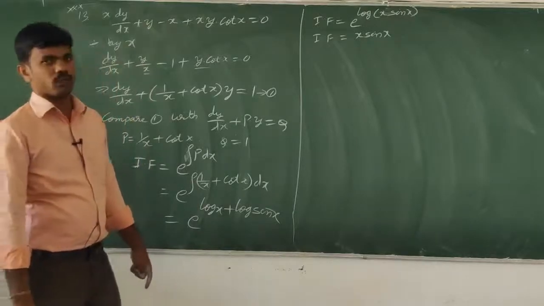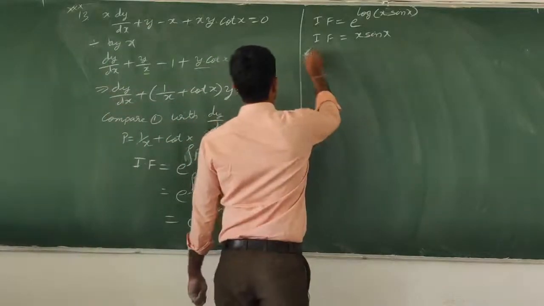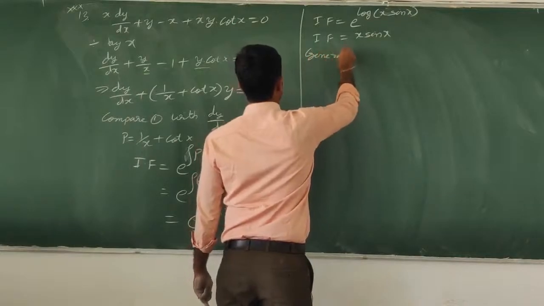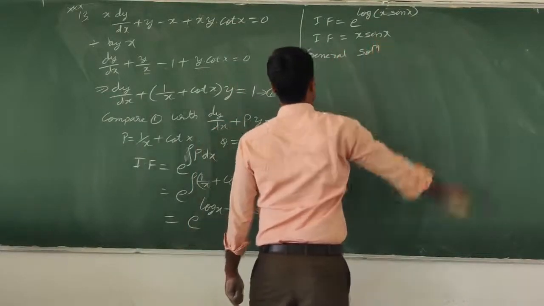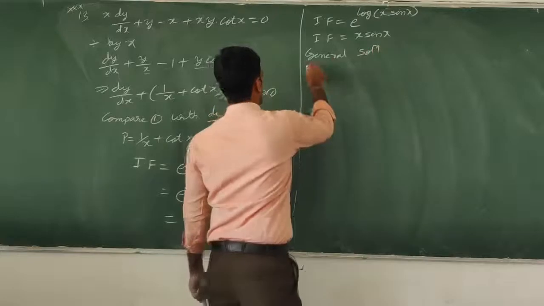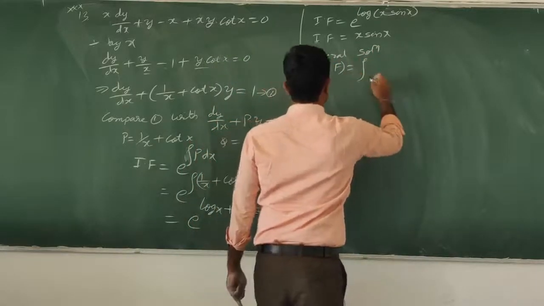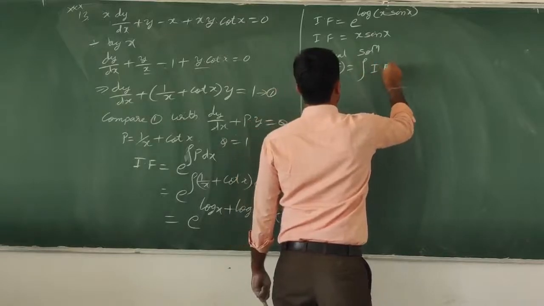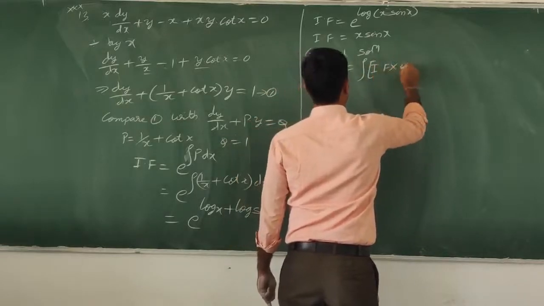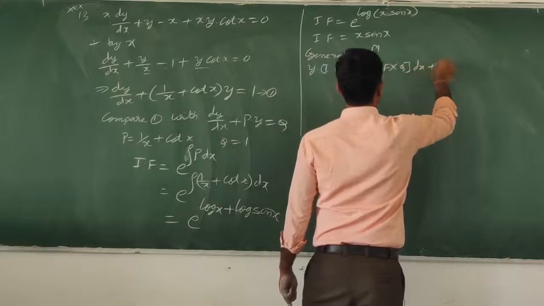Now our aim is to find the general solution. The general solution by using the formula: y into integration factor is equal to integration of integration factor into q whole dx plus c.